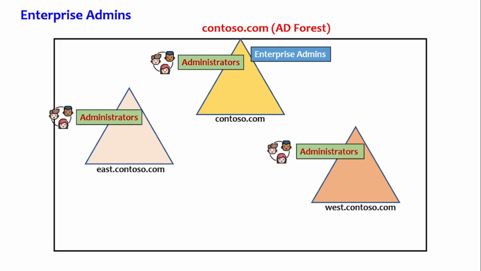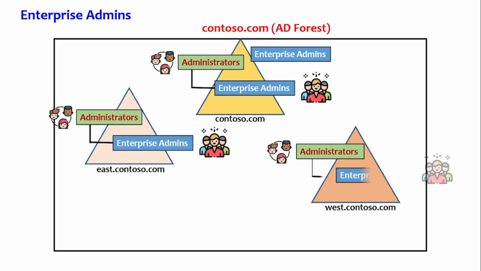And we also have the administrators group in every domain, and the enterprise admins group is the member of the administrators group in every domain. So whoever is the member of the enterprise admins group in contoso.com will have complete control of the entire forest.